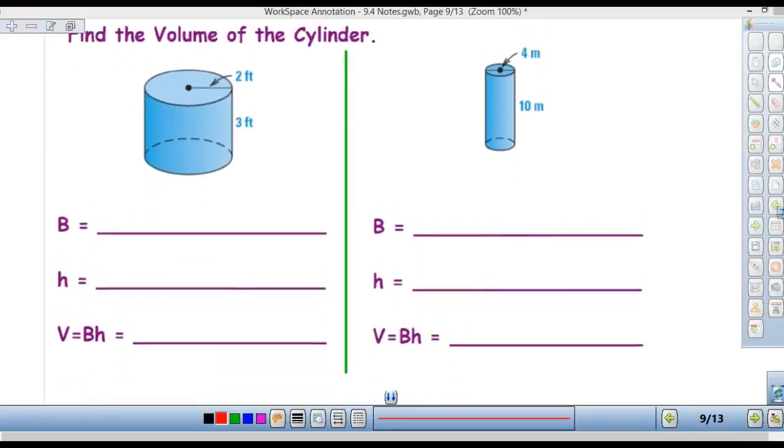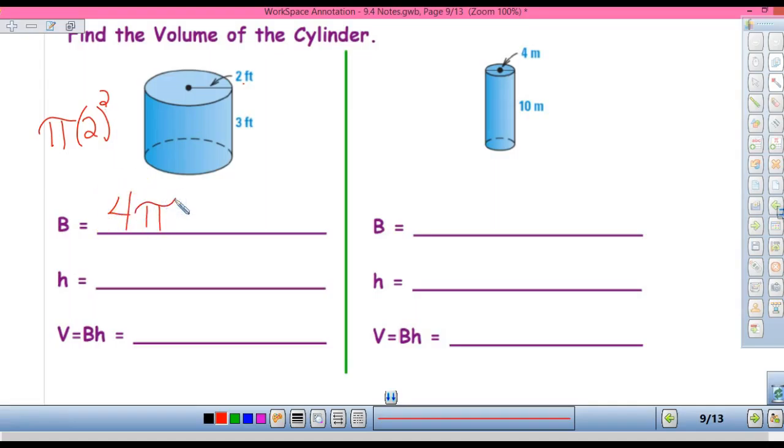Okay, so here we've got my radius is 2, so pi times 2 squared, so 2 squared is 4. So the area of my base is 4 pi. My height is 3. Multiply them together, we get 12 pi feet cubed. Okay, same thing over here.